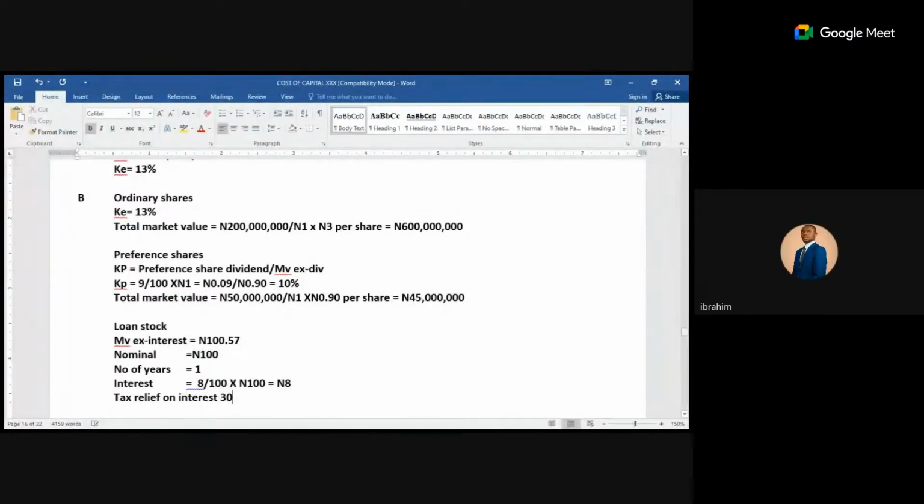So 30 divided by 100 times the 8 naira. What do we have? 2.4. 2 naira 40 kobo.